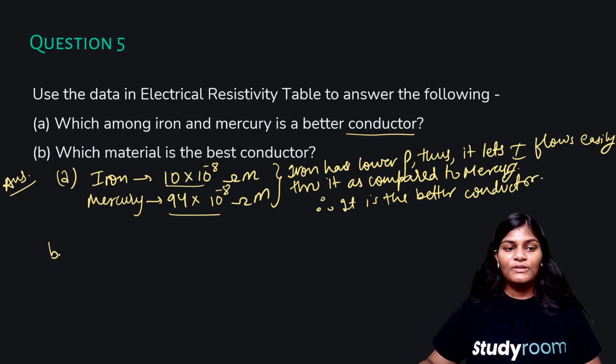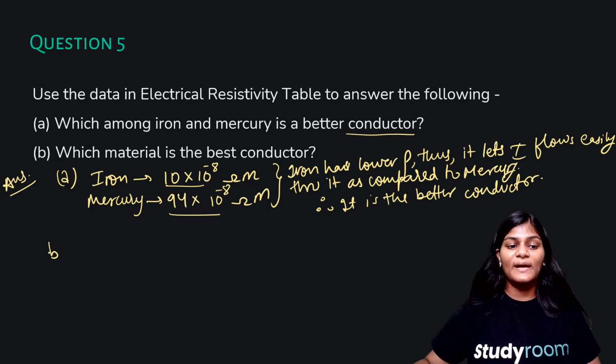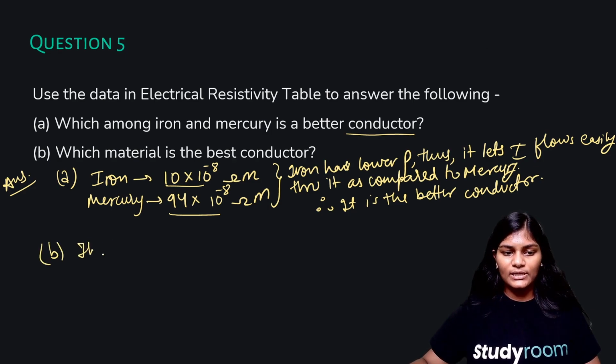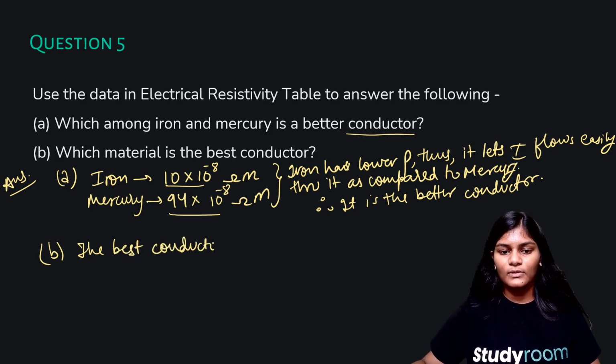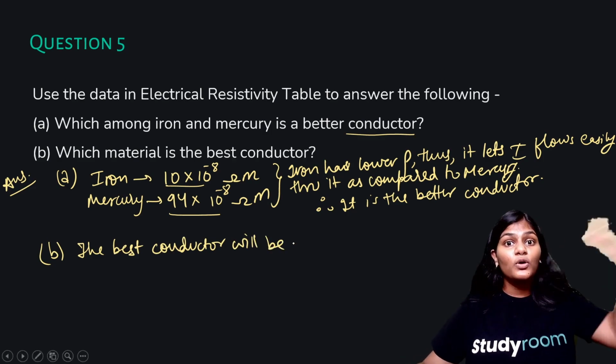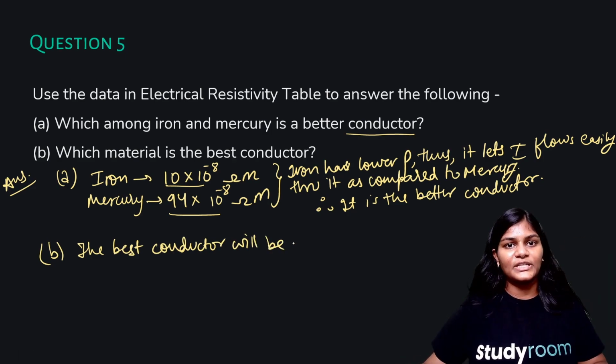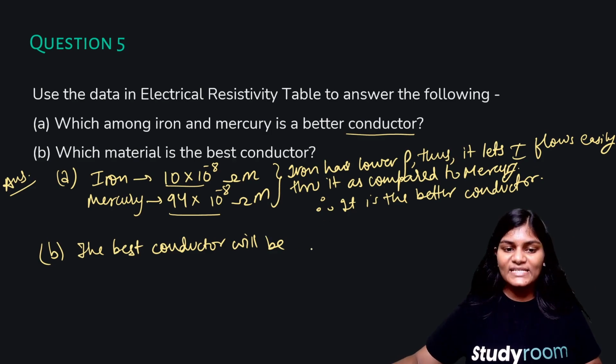So, if you want to see which material is the best conductor, what would we say? That we know that the best conductor will be the material. Which will it be, with the most resistivity or least resistivity? It would be the one with the least resistivity, right?